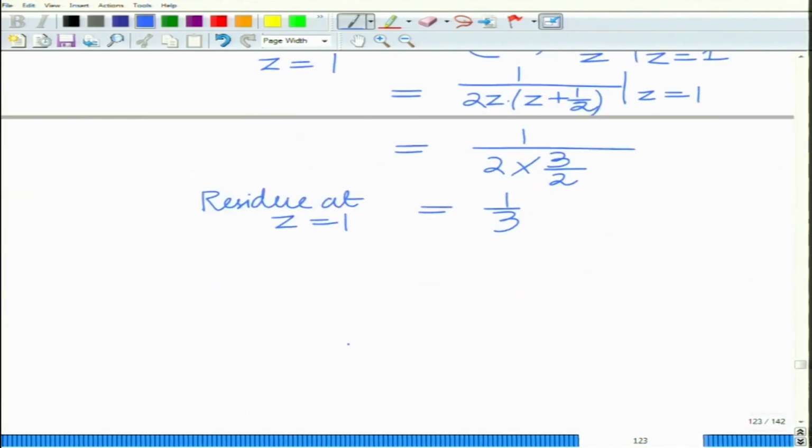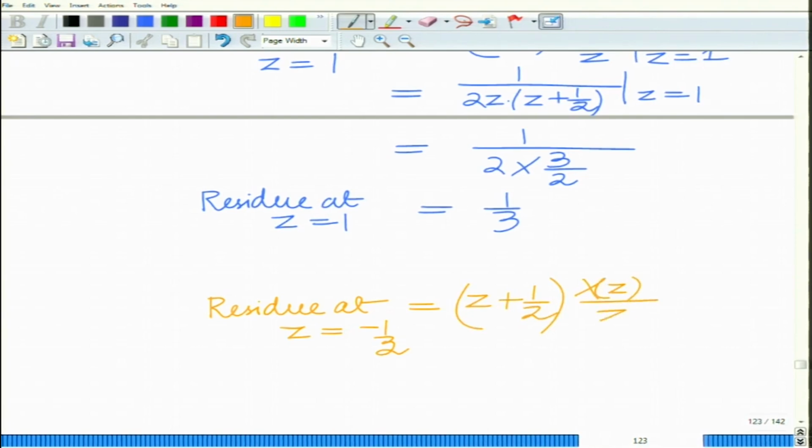And finally, the residue at z equal to minus half is z plus half into X(z) over z evaluated at z equal to minus half.